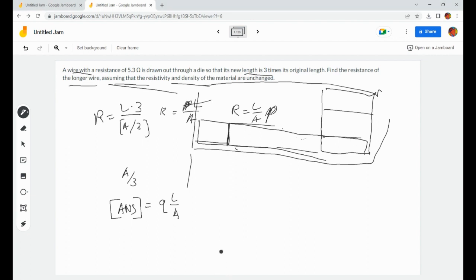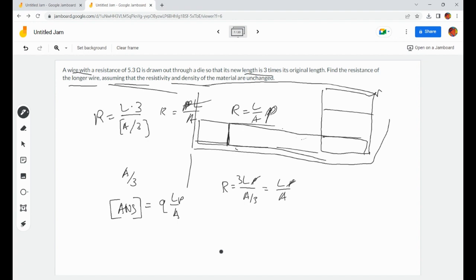I think the best way to explain is with math. So, let's just say that R, L times 3 divided by A divided by 3 must equal L divided by A, P, right? P cancels out.